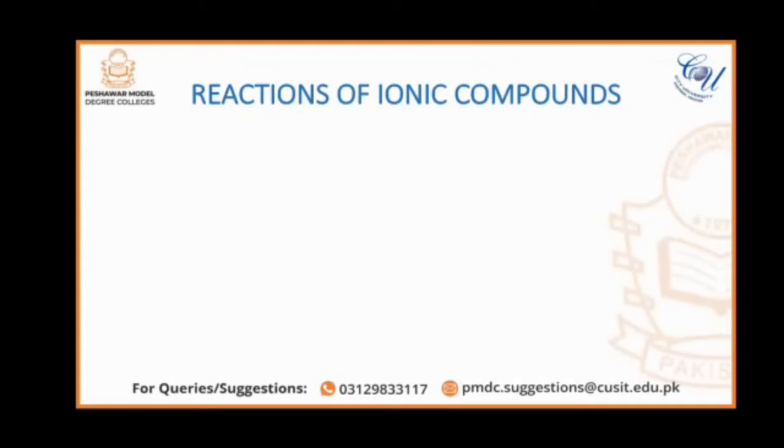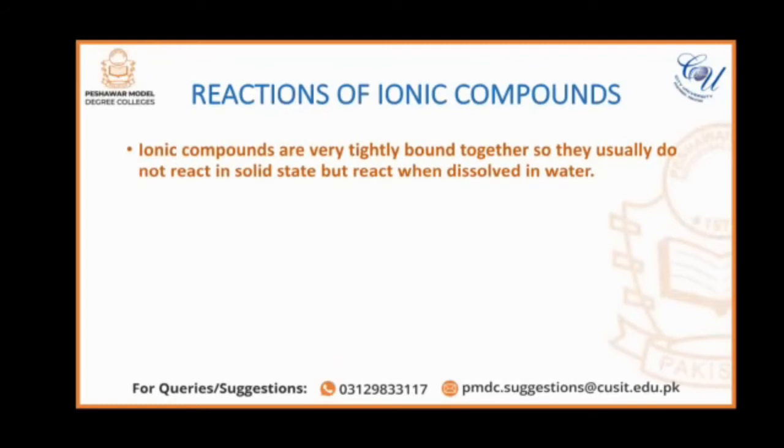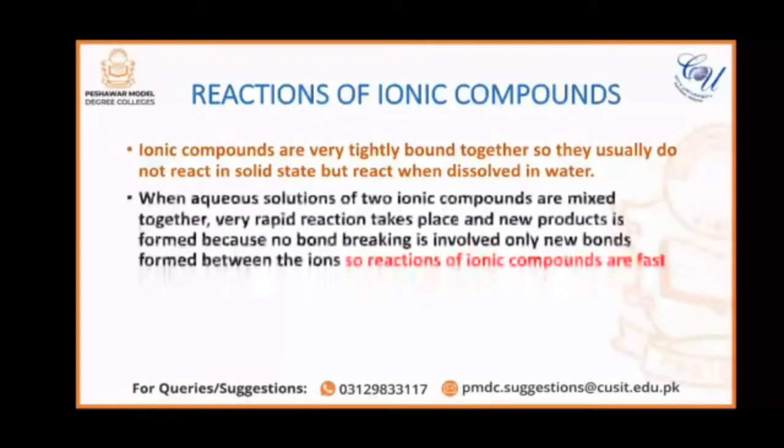Next one is the reaction of ionic compounds. As ionic compounds are very tightly bonded together, they mostly react when we dissolve them in water and do not react in the solid state. The reaction between ionic compounds is very fast because when two ionic compounds are mixed together, the opposite charges attract each other, and as a result the product forms rapidly.